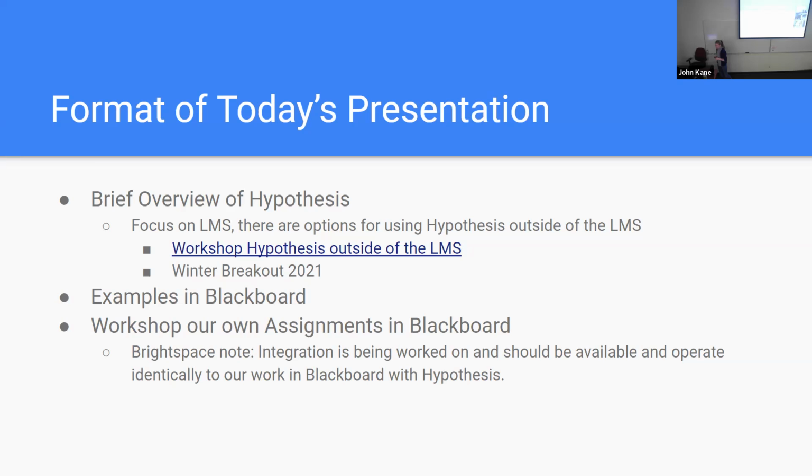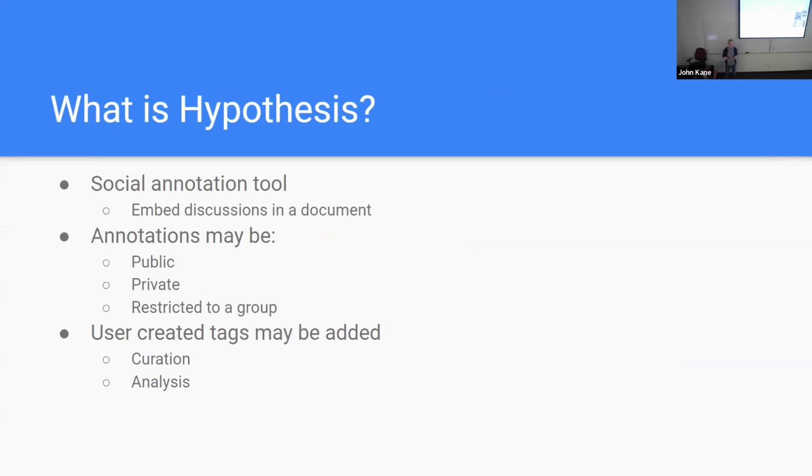So Hypothesis is what we call a social annotation tool, right? It embeds discussions within a document or a web page, as you might decide in your classes. Annotations can be public, so they can be viewable by everybody in the class. They can be private to yourself, so that only you get to see your comments and notes on a document, and it can also be restricted to a group.